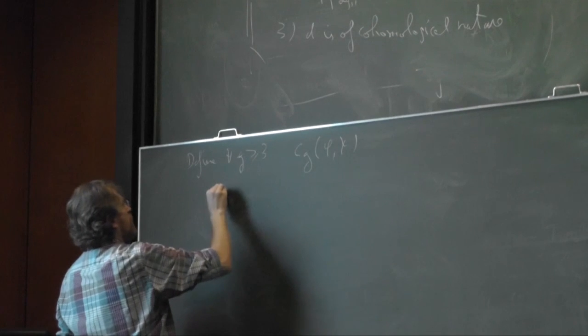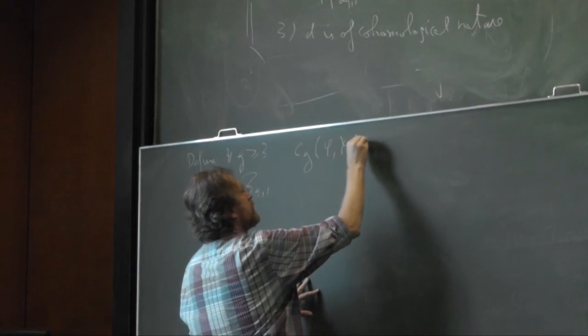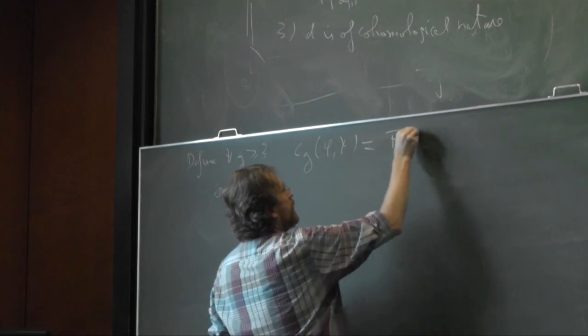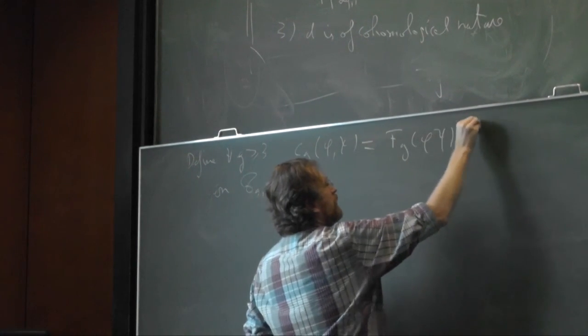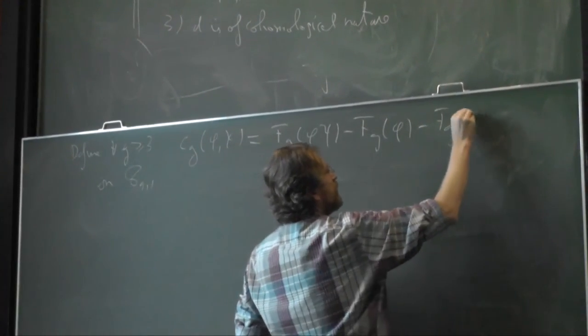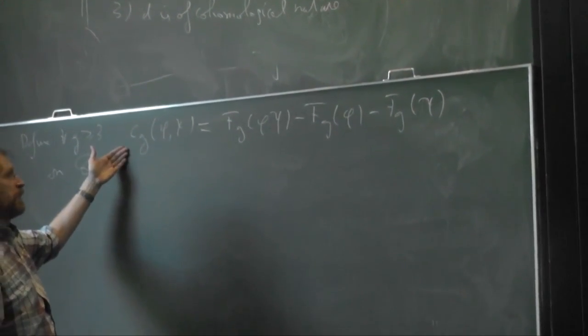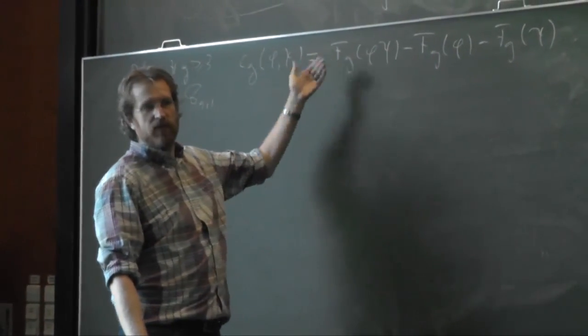So on the Torelli group, this is 5 psi, 5 minus fg of psi, which is the surgery instruction attached to your invariant.